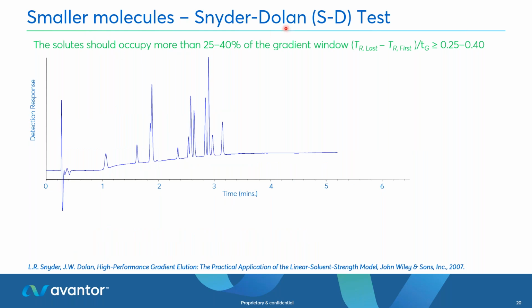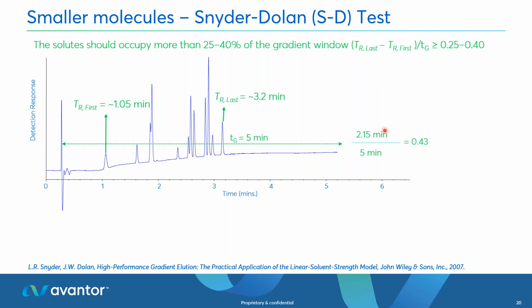So let's look at an example where our sample does pass the Snyder-Dolan test criteria. So we have our last eluting species, our first eluting species, and we divide that by the gradient time. And you can see there is a bit of a delay because I've taken into account the system delay of the gradient as well as the T0.